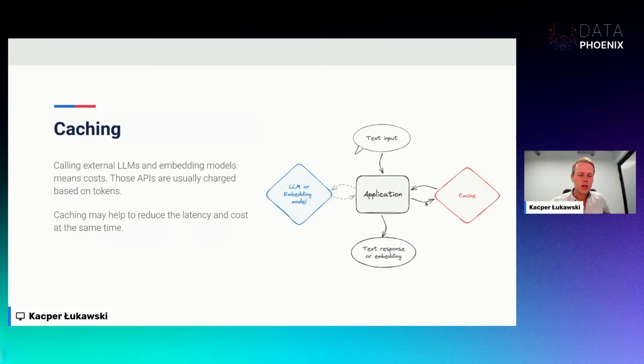And if there were the same text inputs provided before, we can simply extract the embedding from that collection and avoid calling those probably expensive services. So that acts as a caching mechanism, and it's possible to implement it also with the Qdrant vector store. So this is it. That reduces the latency and costs of LLM-based applications.